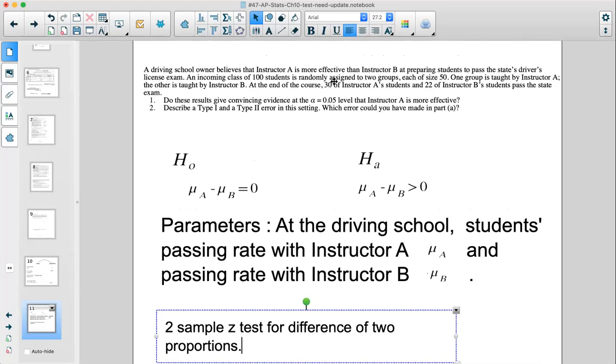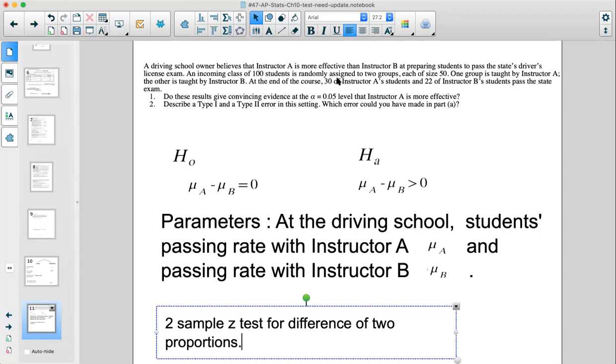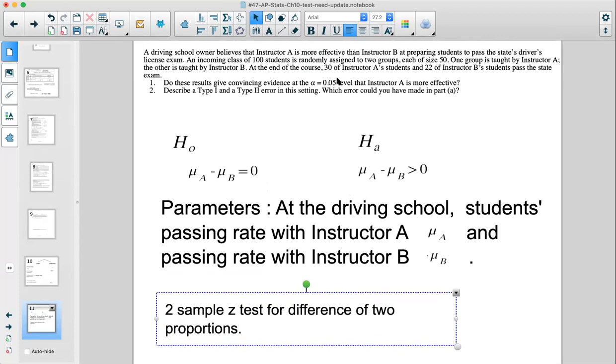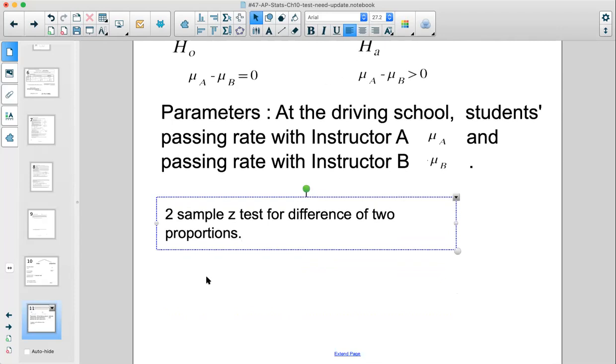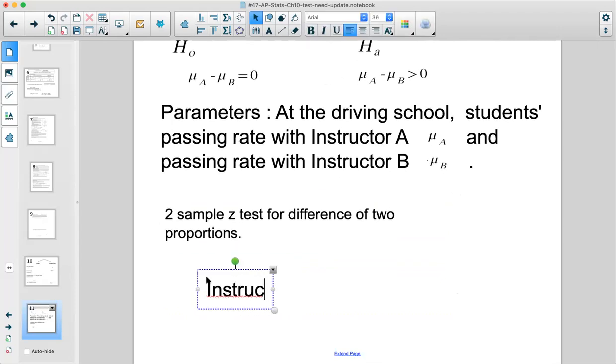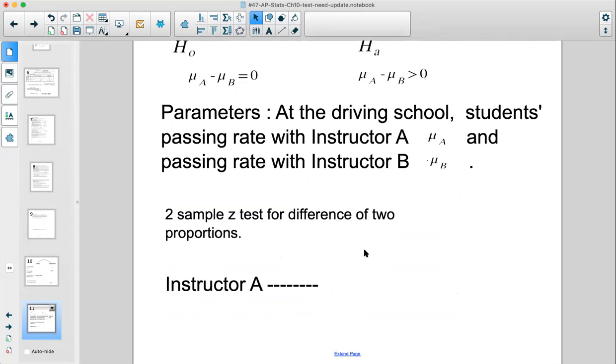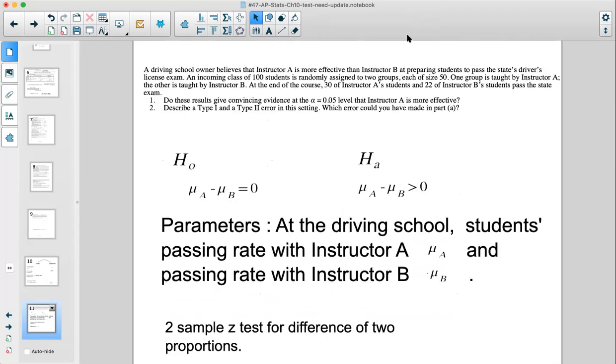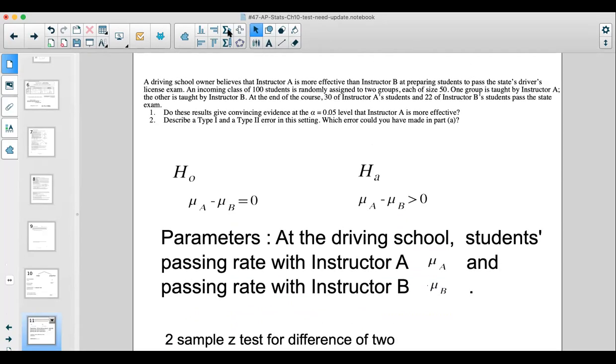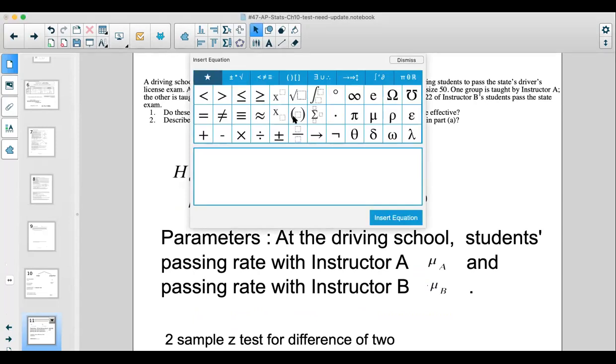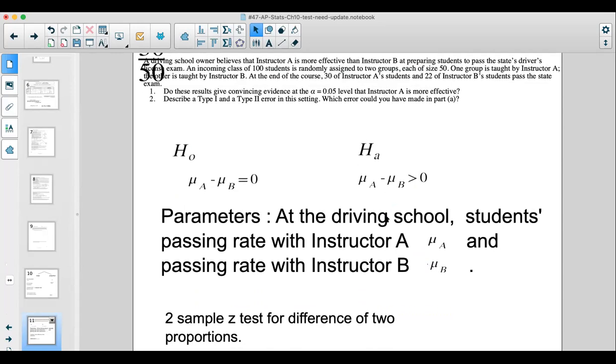Large counts means you have to have success and failure, each one of them, right? So let's write down instructor A.